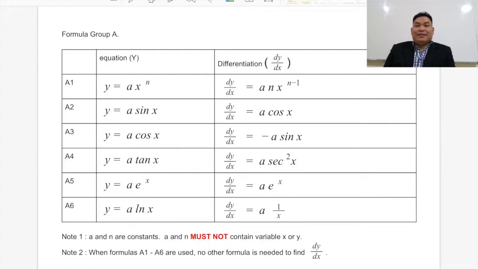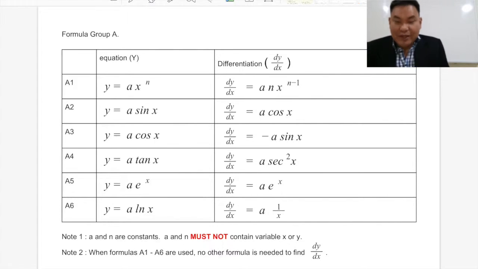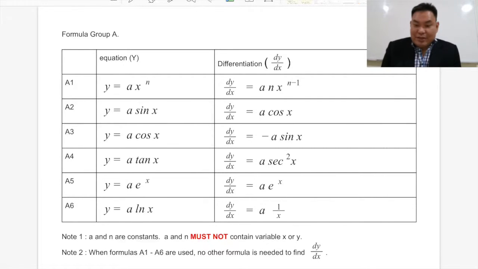Now on the second part of this series of videos, I want to explain how to apply formula group B to solve differentiation equations.